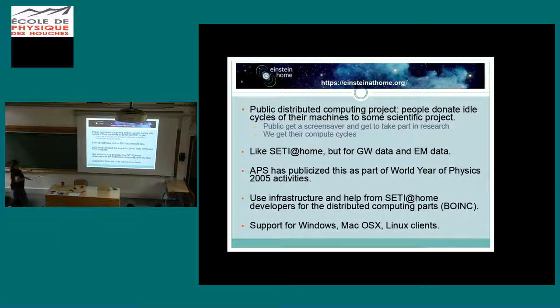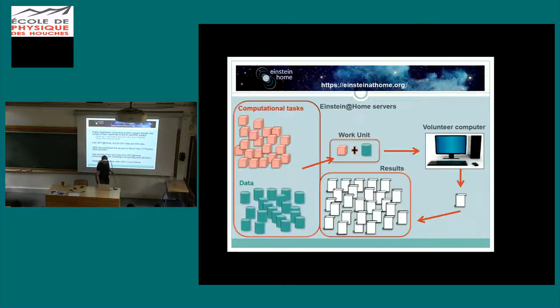So he developed BOINC, the Berkeley Open Infrastructure for Network Computing, and Einstein at Home is one of the main projects that relies on this. And we have to provide support to run on Windows, Mac OS, and Linux clients, obviously.